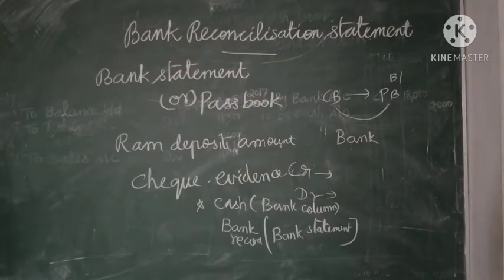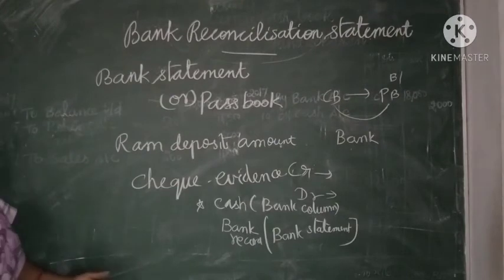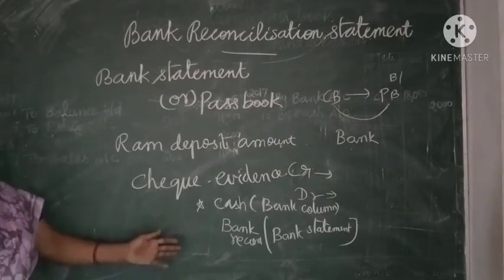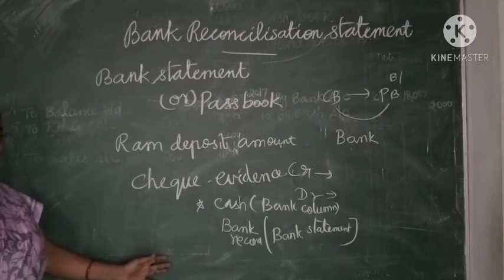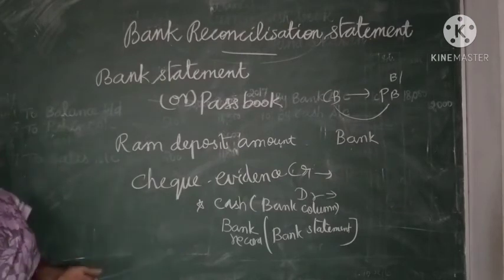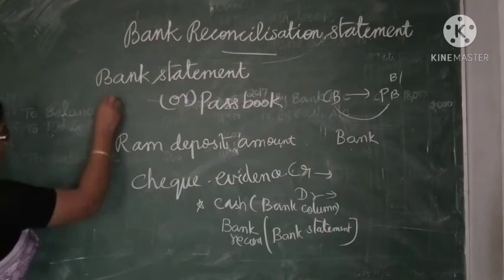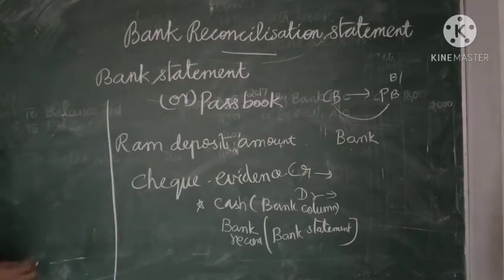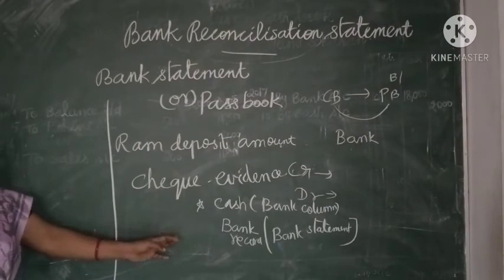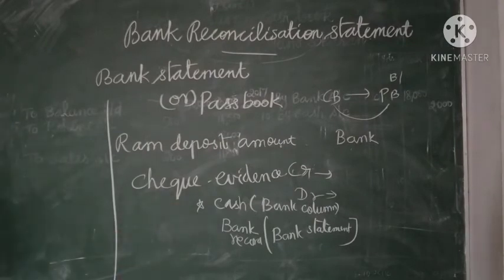A bank may send a statement at a regular interval to its customer, once in a month. Then only we can reconcile with the cash book bank column.